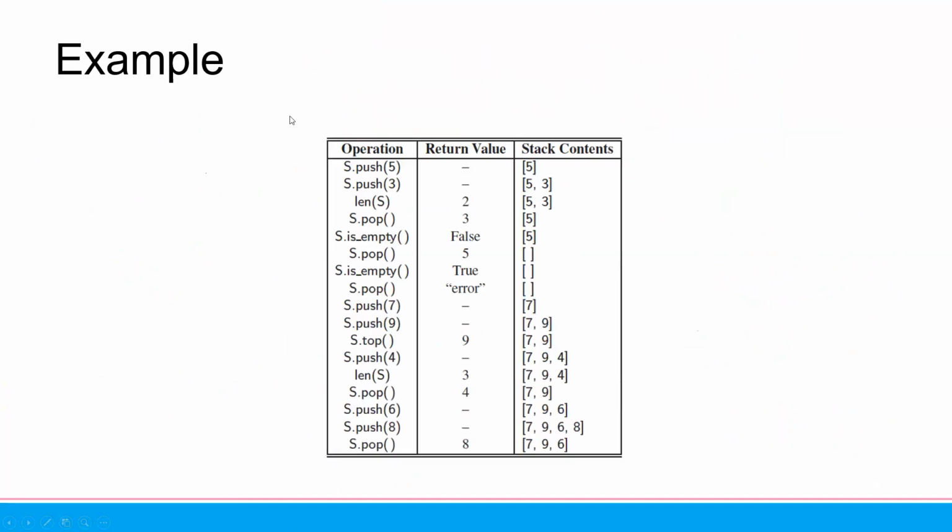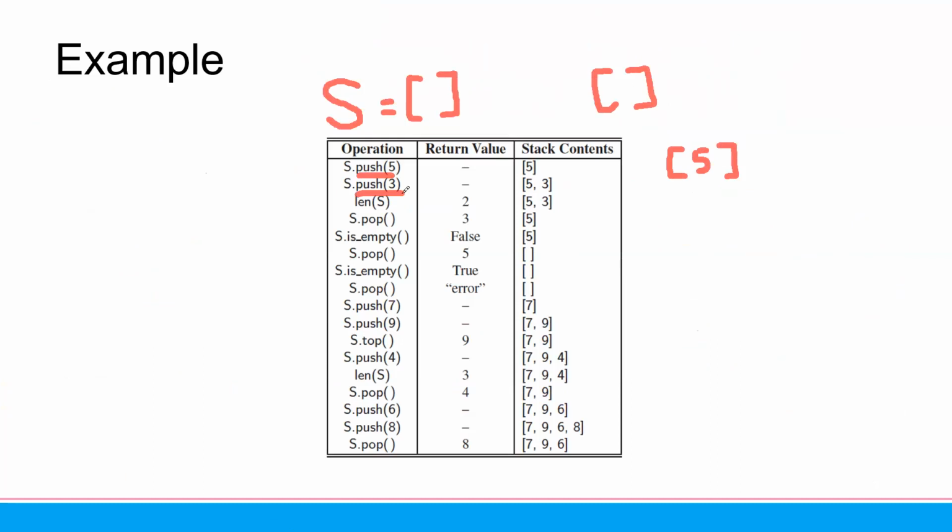So, for example, it starts with S, let's say this is empty. So the stack content will start empty. S dot push 5. Now the list has one element, 5.